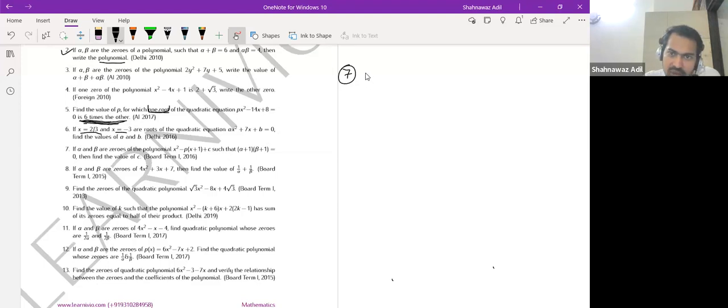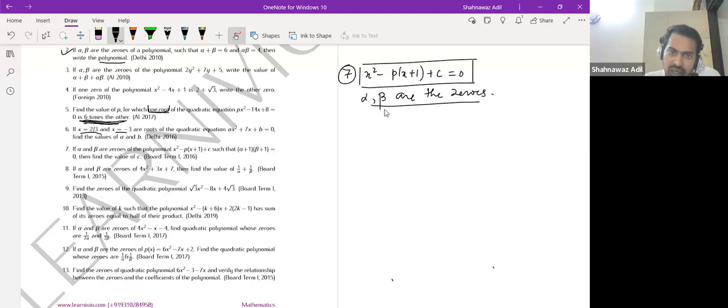The zeros of the polynomial x squared minus px plus c, such that alpha plus 1, beta plus 1 are the zeros of it. Alpha and beta are the zeros, and we have to find the value of c.